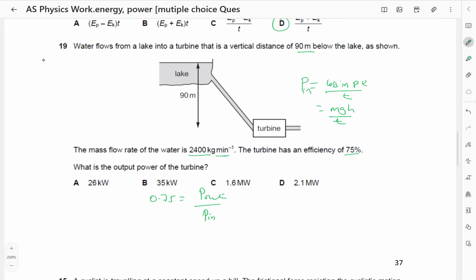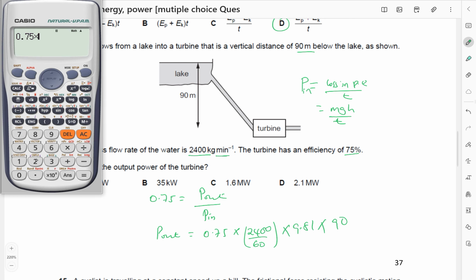So we shall simply say that the power output is going to be 0.75 times the power input, which is mgh, where m per second is going to be 2,400 divided by 60 to change it to kilograms per second, then times g, which is 9.81, then times h, which is going to be 90.